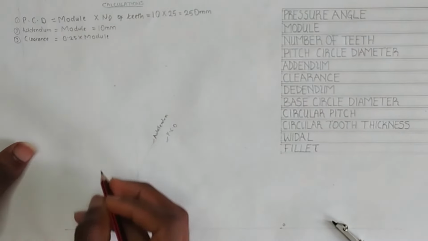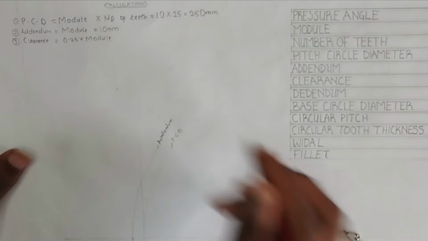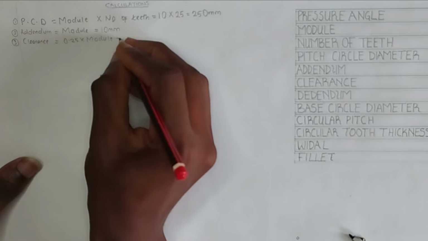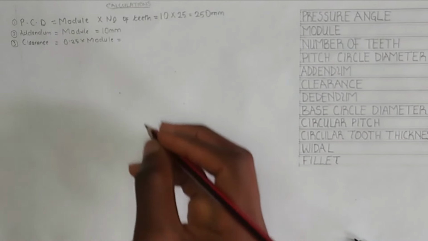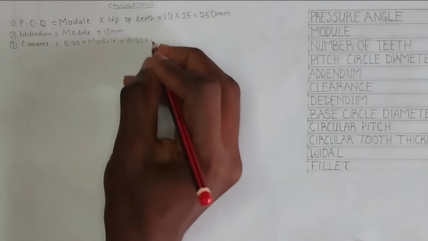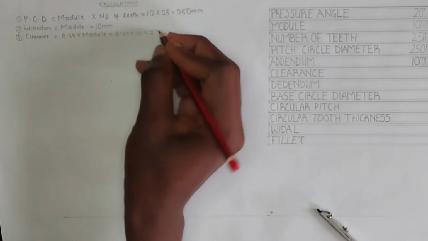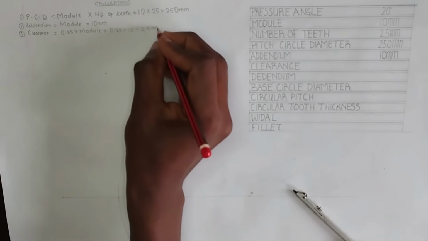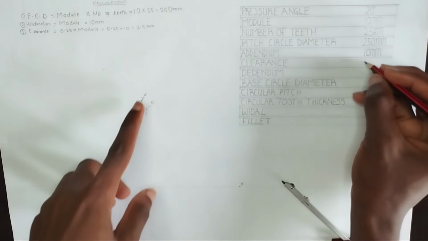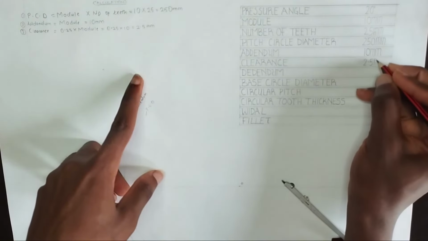This 0.25 is actually a constant, so it will be same for everything. So 0.25 times 10, that's going to give us 2.5 millimeter. Let me write my 2.5 millimeter here.